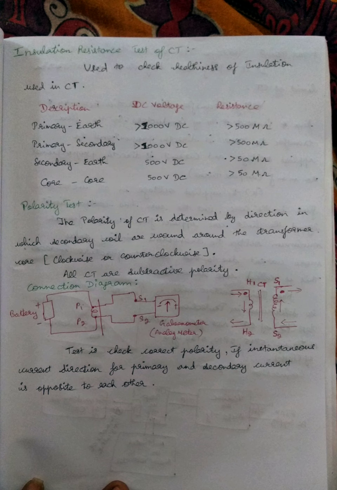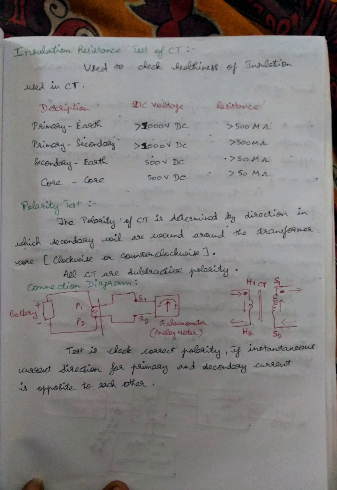Then on the secondary side we connect a galvanometer, a DC voltmeter, or any analog meter. We give a pulse on the primary side and check whether the secondary responds in the right way. In this way you can easily check the polarity. Normally the deflection should be clockwise when giving a pulse to the primary side.